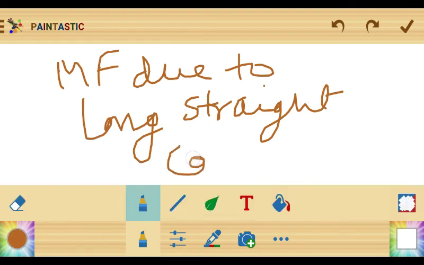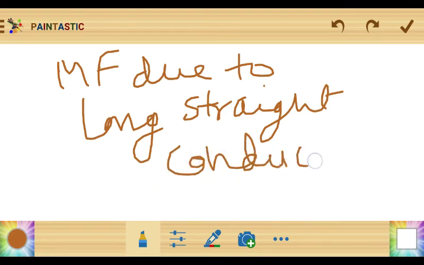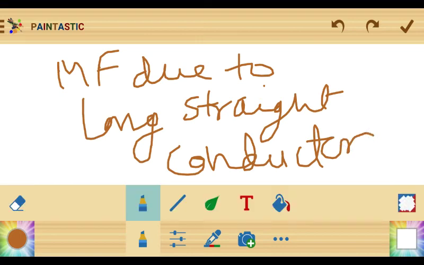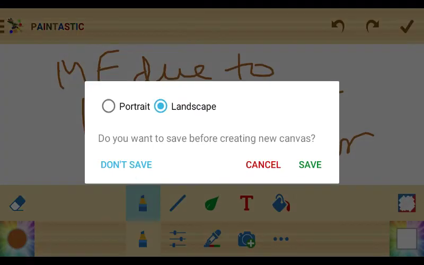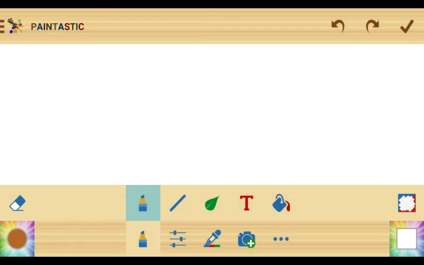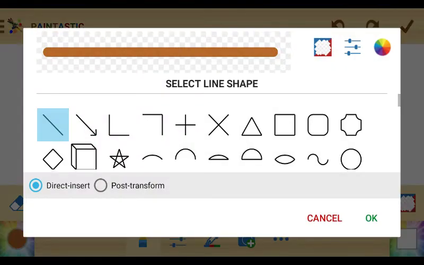So for that we need a conductor, so let us choose a conductor of definite length.